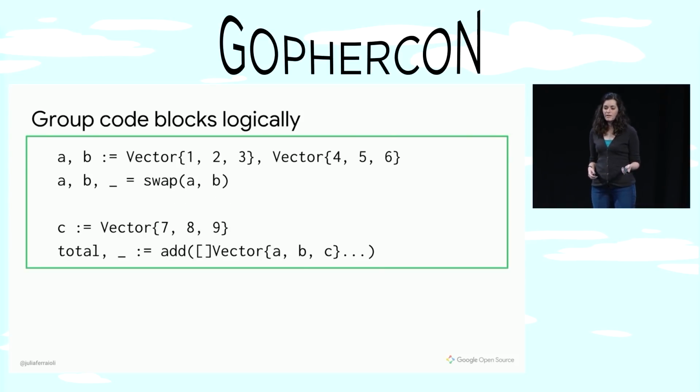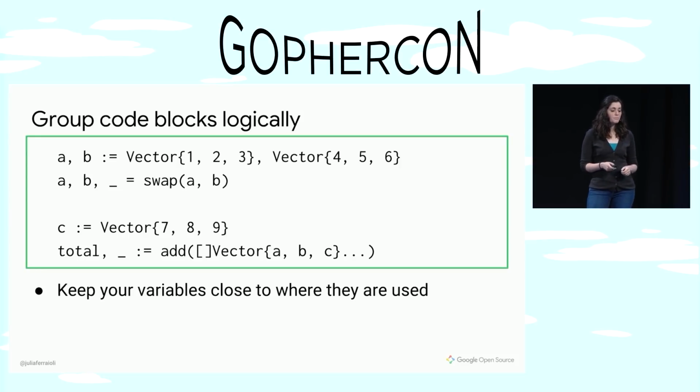Well, when we declare A and B, right away, we're immediately making use of them. We're putting off declaring C until we actually need it. And this reduces the amount of context that you have to keep in your head before you get to where the variable is actually used.